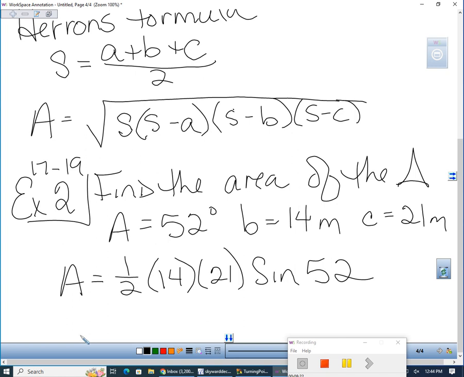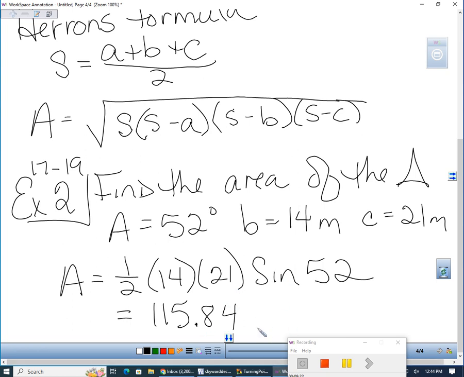And you grab your calculator and you type it all in. Okay.